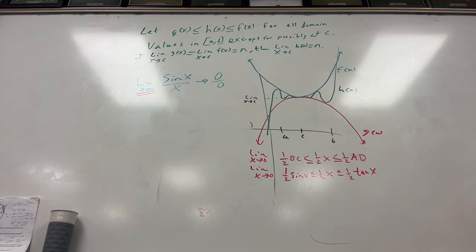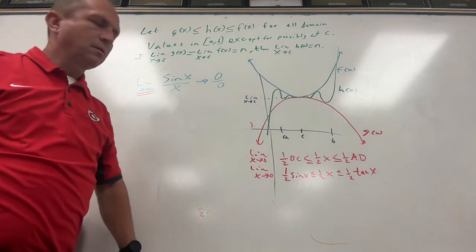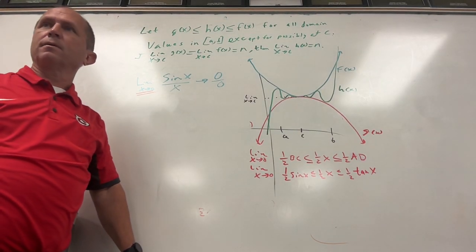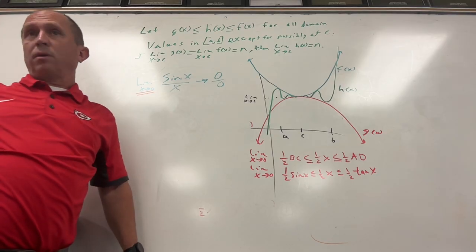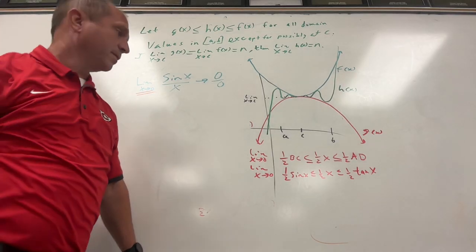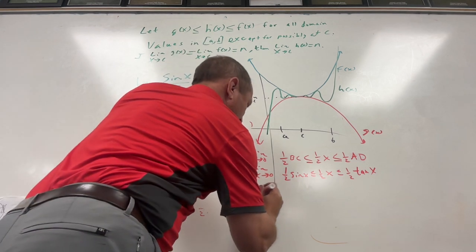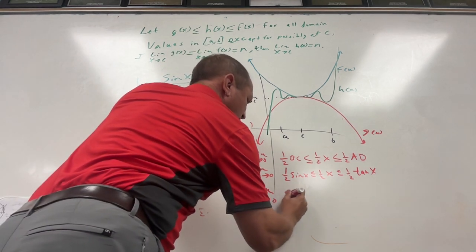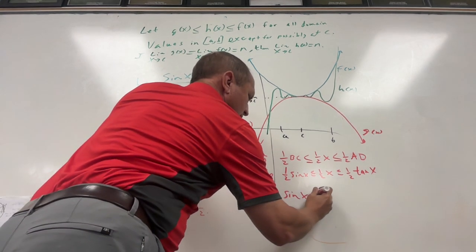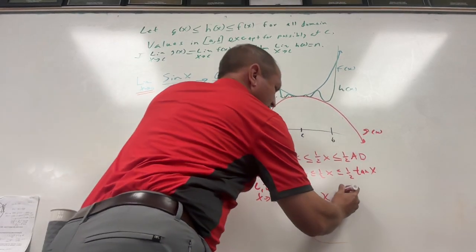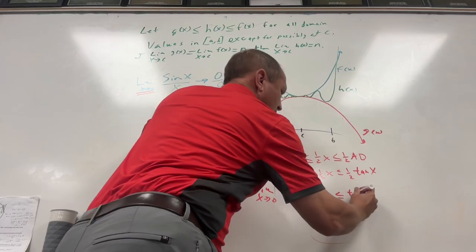So, solving that inequality out, what looks like the next step I would want to do here? Divide by 1/2 or multiply by 2. So, that's beautiful. So I've got the limit as x approaches 0 of sine of x being less than or equal to x, which is less than or equal to the tangent of x.